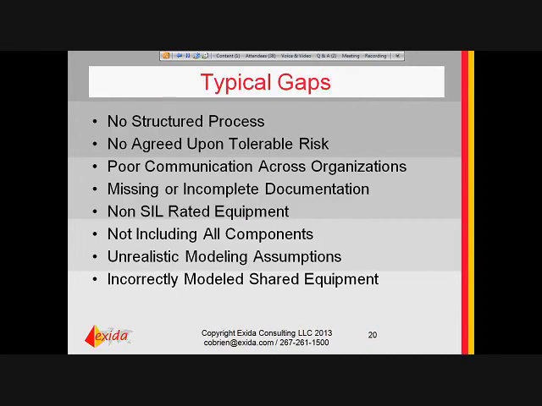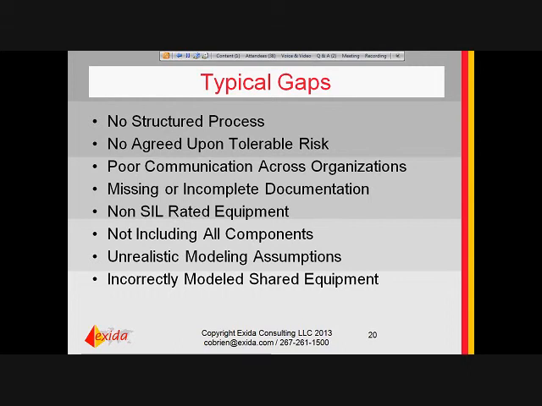Typical gaps that we've seen: there could be no structured process, or a semi-formal process, or a process that doesn't capture all the phases required by the standard. The second one is if multiple organizations are responsible. Let's say it's a new plant or expansion, and one organization is providing the gas turbine, one organization is providing the duct burner, one organization is providing utility boilers.